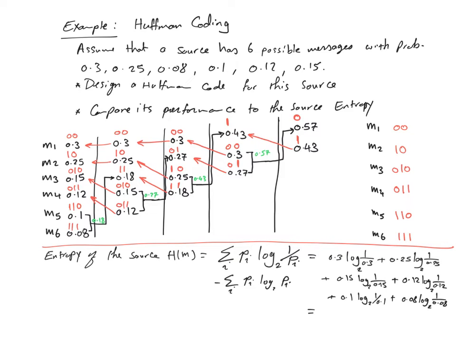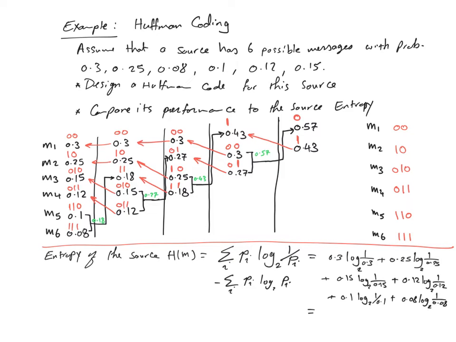What's the entropy? Why should the sum of probabilities equal 1? Because these are all the possible messages that come from the source. What else can happen?